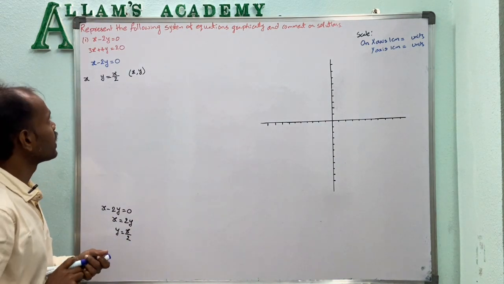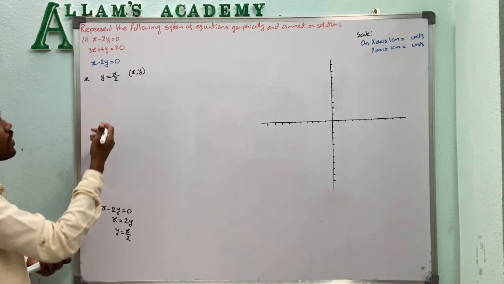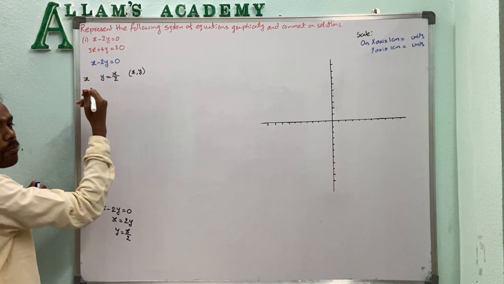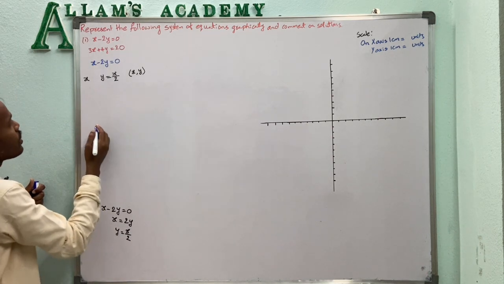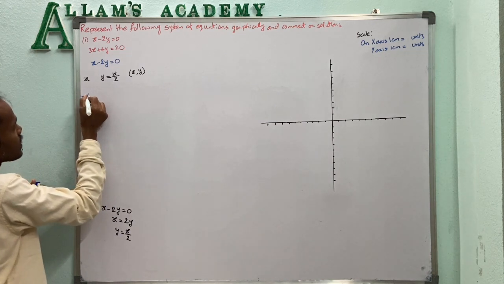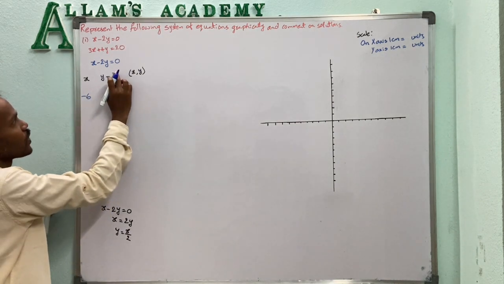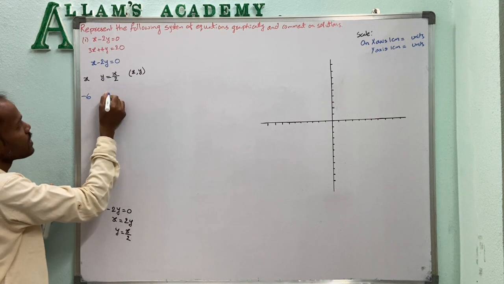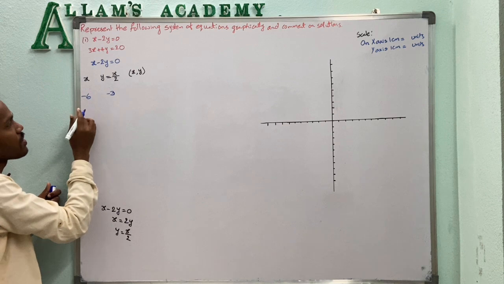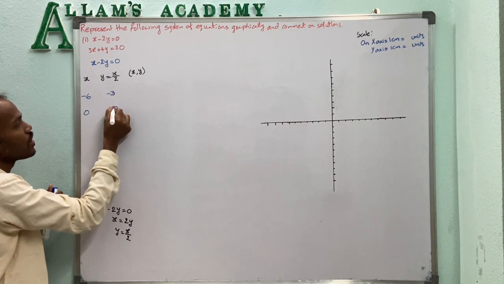Now we take different x values, and for that we get different y values. We substitute one positive, one negative and 0. One negative point is x equal to minus 6, then y equal to minus 6 by 2, that means minus 3. If x value is 0, then 0 by 2 equal to 0 only.